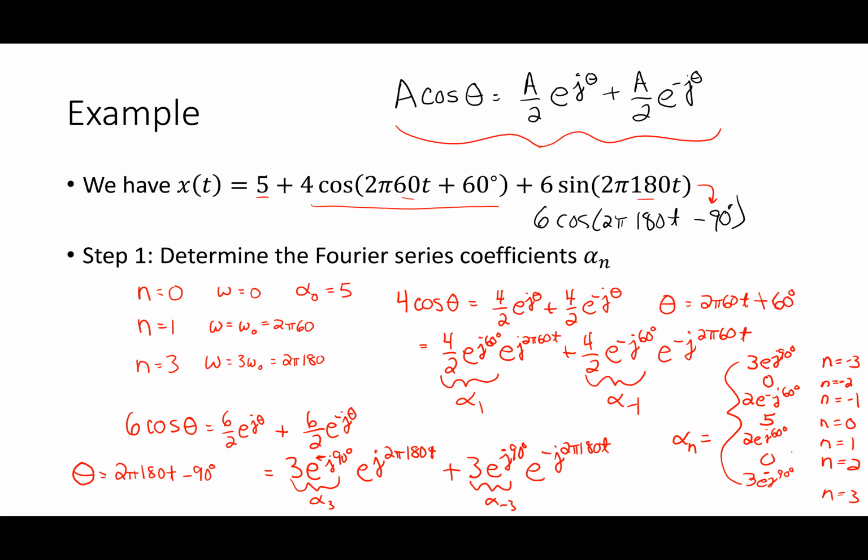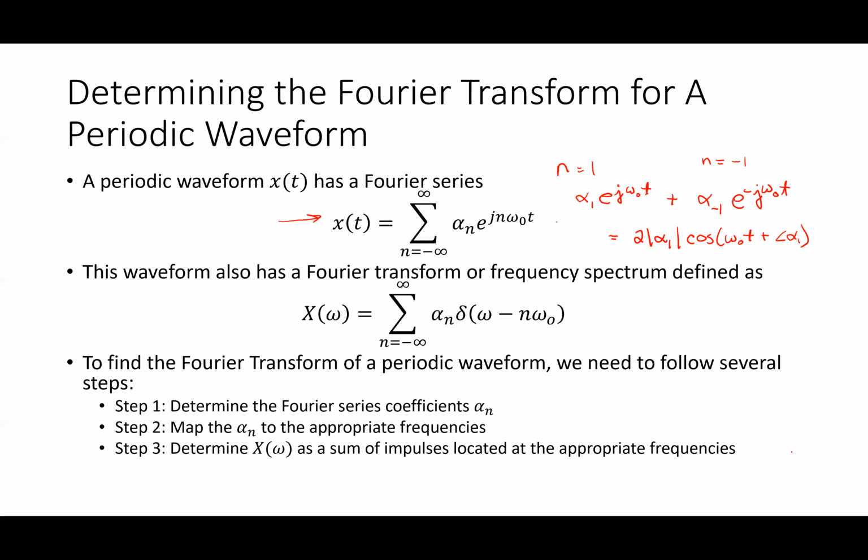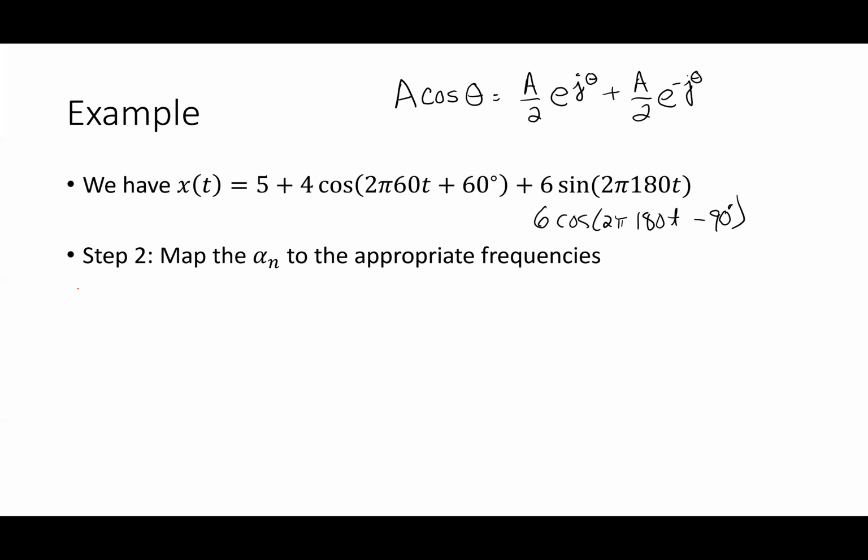So now we've got to map those values to the appropriate frequencies. On that last slide, we determined what the alpha n values were that we needed. So for my n values and my omega values, we had -3, -2, -1, 0, 1, 2, 3. There are many more, but those are the only ones that we deem relevant.